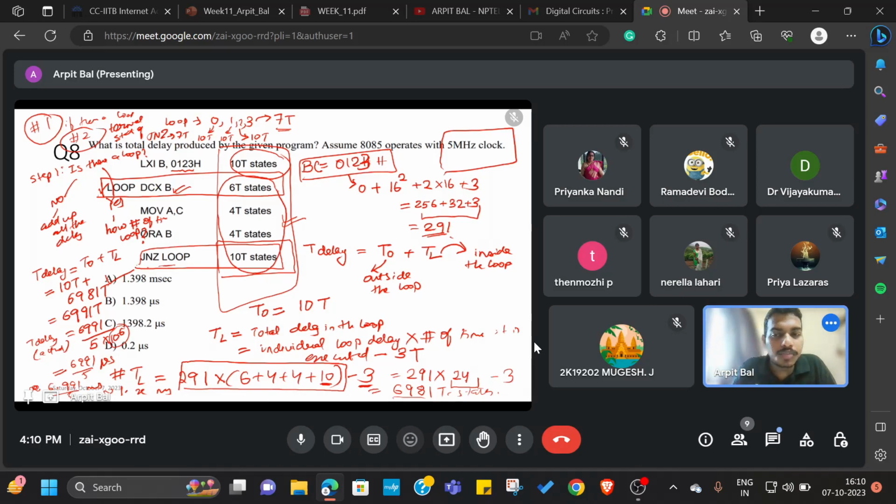For outside the loop, it was 10T. So total delay associated with this instruction is 6991T. The 8085 was operated with a 5 megahertz clock, so 6991 by 5 microsecond is the total time taken. That becomes 1.398 milliseconds.